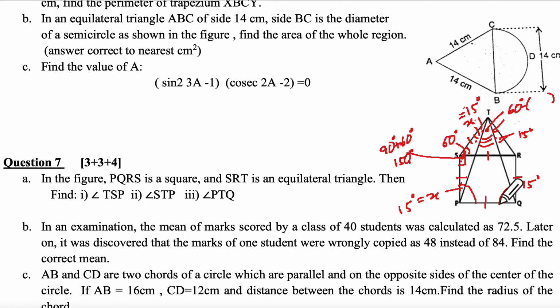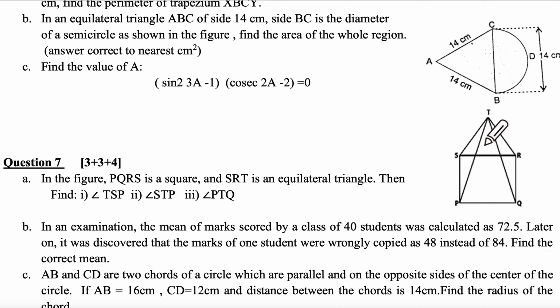Tell me. Here you will have to prove that the two triangles, which ones? This triangle and this triangle. You'll have to prove that they are congruent. Congruent because this is 150, this also is 150, this is equal to this is equal to this. So SAS test.